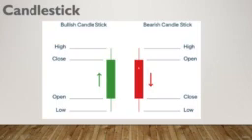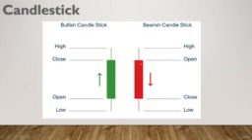Here it shows you a bearish candle. When I show you a red color candle, which is bearish, you should be able to identify where its open would be and where its close would be. In this case, having said that it's a red color candle, which means it is a bearish candle, it means that the price of that particular stock closed below where it opened on that day.